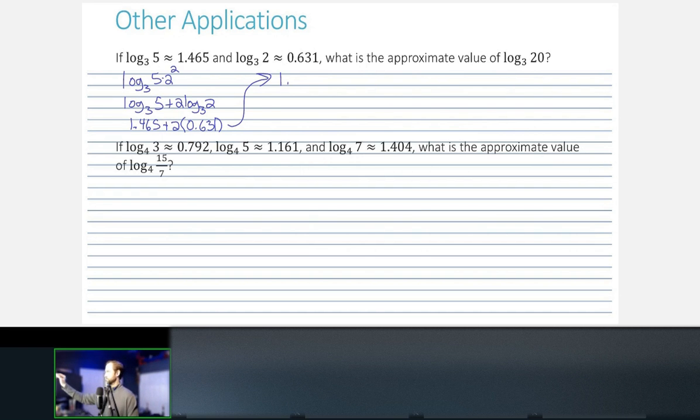Just 1.465 plus 2 times 0.631 is 1.262. And then add those together, what do you get? 2 point something or other? 2.727? 2.727. Yeah, all done.